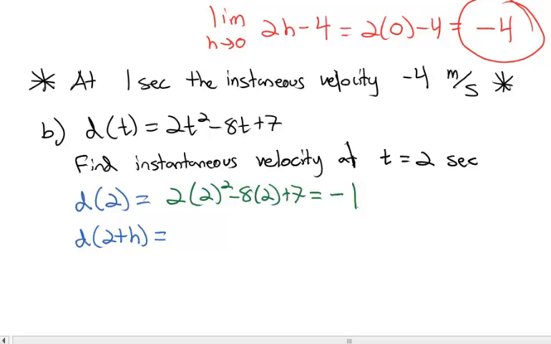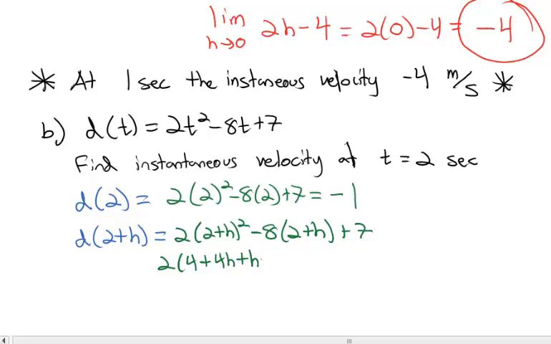D of 2 plus h, we've got 2 times (2 plus h) squared minus 8 times (2 plus h) plus 7. Simplifying, order of operations says to do the exponent first. So we got 4 plus 4h plus h squared, everything else the same, minus 8 times (2 plus h) plus 7.